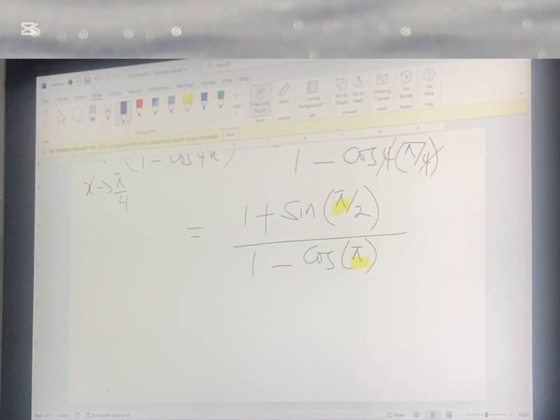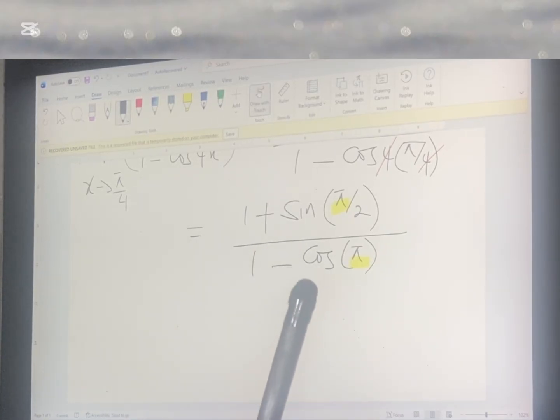When pi is representing a number, the value of that pi will be 3.142. But when pi is representing an angle, the value of the pi will be 180.